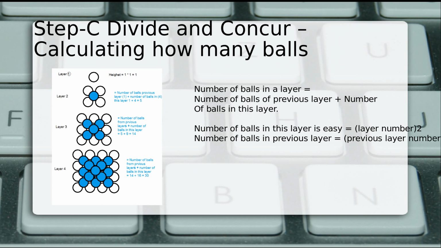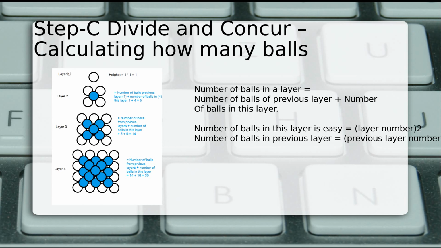And here we can see a recurrence relation being developed. The number of balls in a particular layer, say layer number 4, is equal to the number of balls in the previous layer plus the number of balls in this layer.